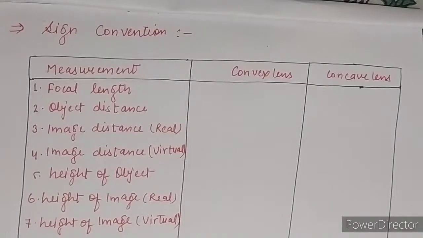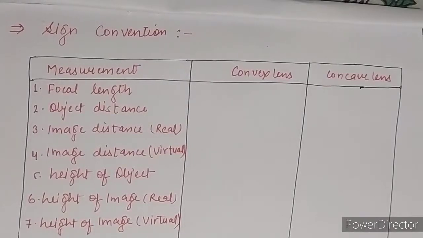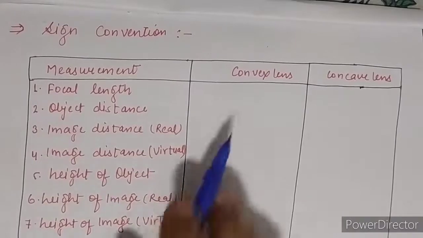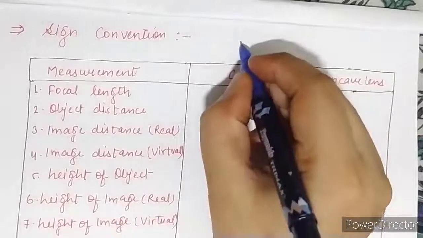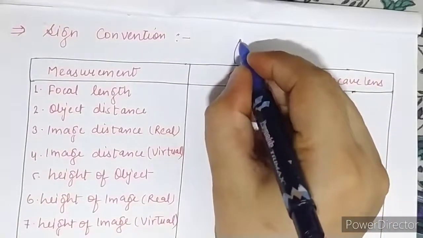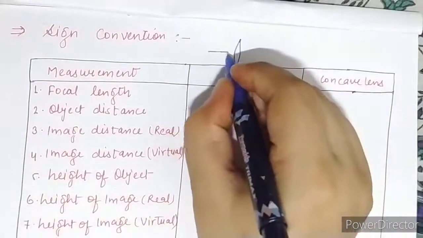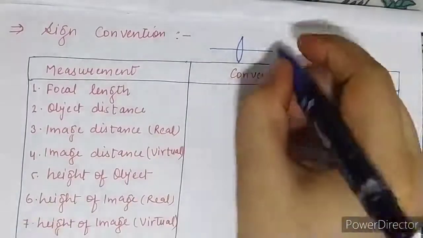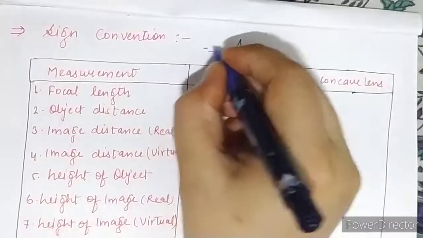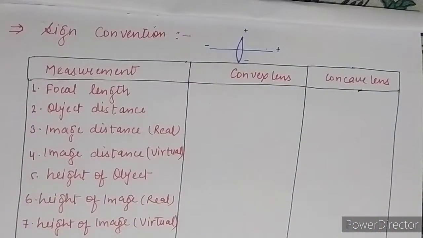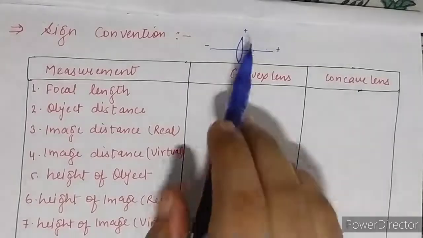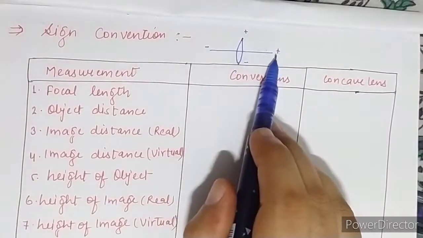If you know the diagram in your mind, then you are able to write the sign convention. How? The convex lens is like this. Here I am drawing it down. Here is positive, here is negative, this one is positive, this one is negative. Now in the convex lens, all the images are formed on this side except the last virtual image.